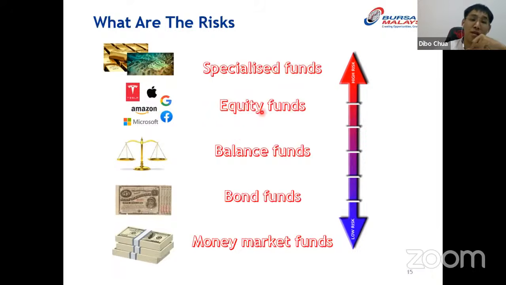And then we'll come back to the balance funds. Balance funds, what does it mean? It is actually a mixture of equity fund and bond fund, which means it can have a mixture of probably 60% in equity and probably 40% in bond.